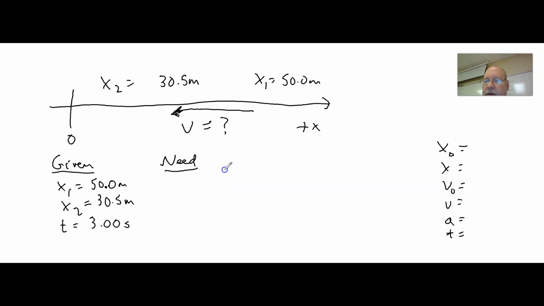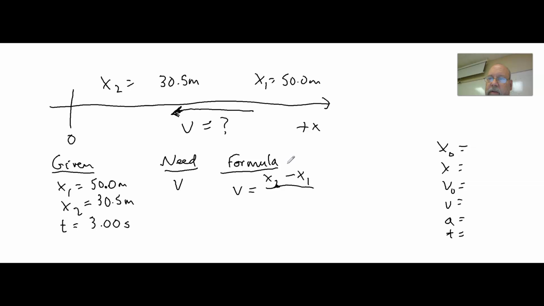Once I get all my information collected, I need to write down a statement of what I need. I've been told that I need the average velocity, so I'm going to write down v for that. Then I need to create a formula that will help me find this. The only formula we have so far is the velocity formula, or the speed formula.